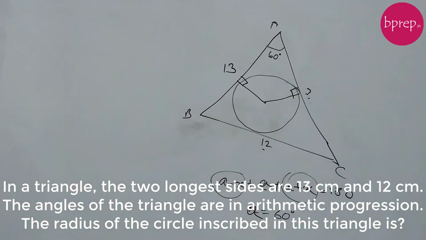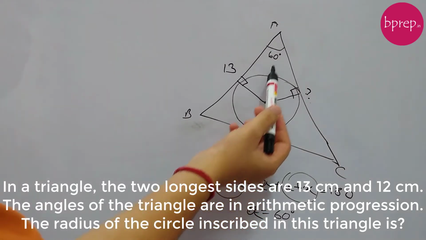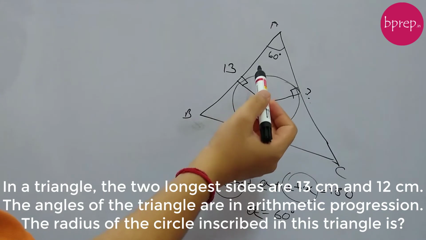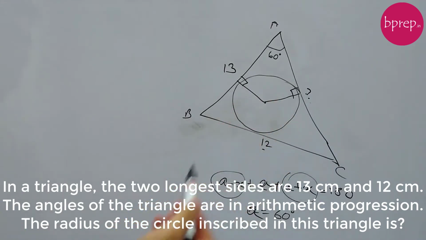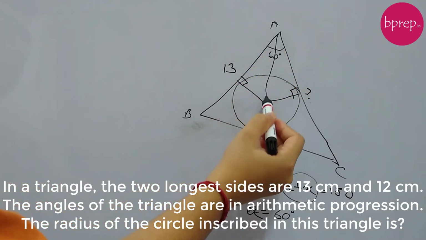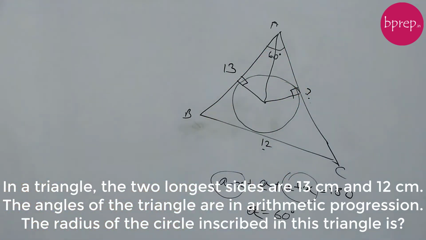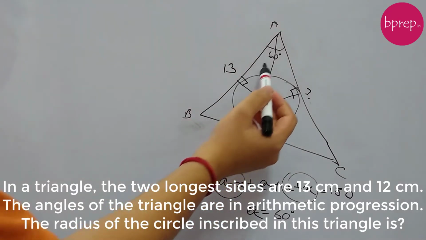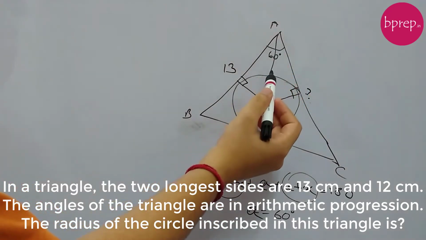Okay. So now if you see in this, we have 60 degrees, 90 degrees. So the only clue from where we can start is this. So let's join these two lines. When we join these two lines, these two triangles will be congruent, hence this angle will be exactly half of the parent one.